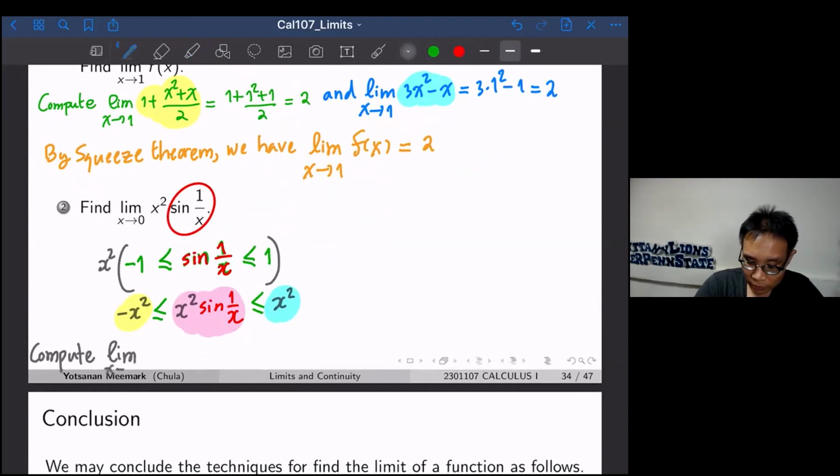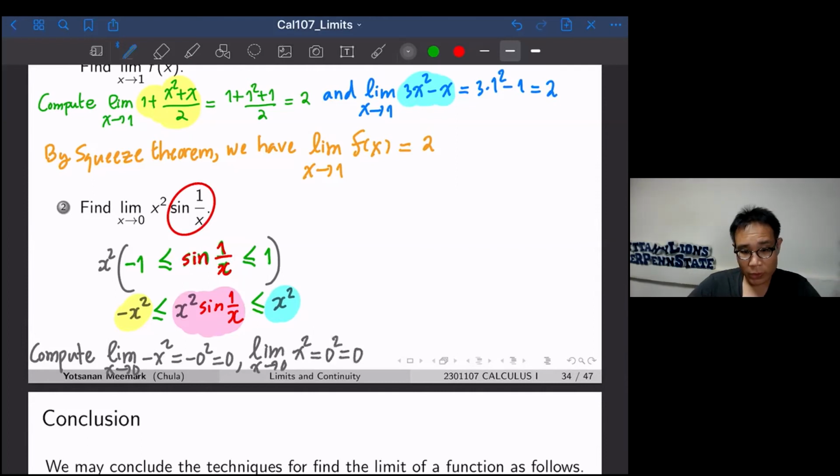So the limit x go to 0 of negative x squared equals negative 0 squared equals 0. And the limit x go to 0 of x squared equals 0 squared equals 0. Okay, so you have the limit of the yellow guy, and you have the limit of the blue guy here. So we will be able to conclude by squeeze theorem.